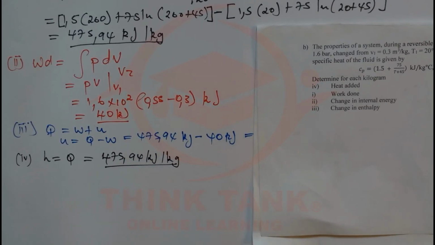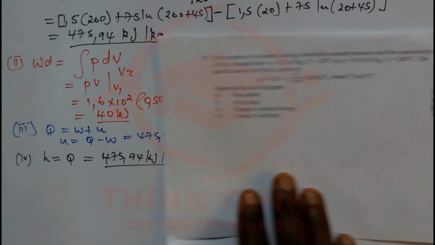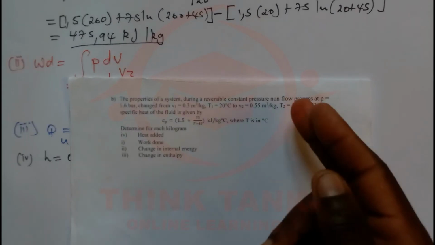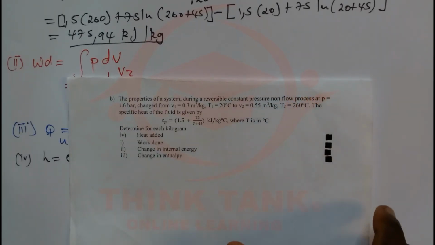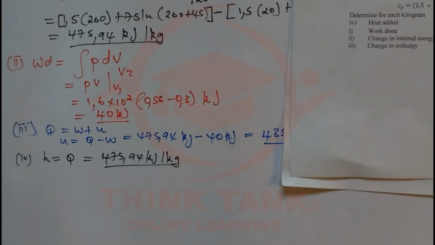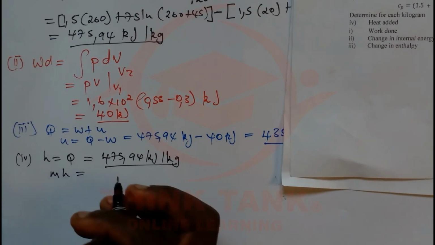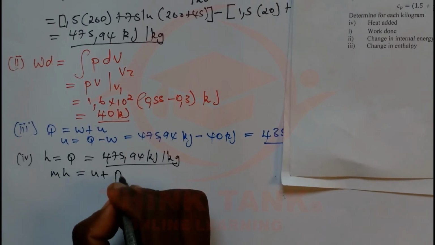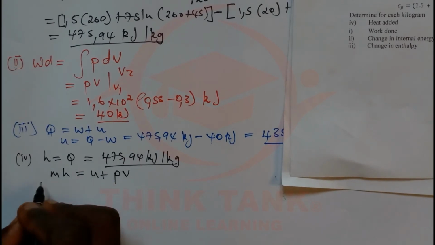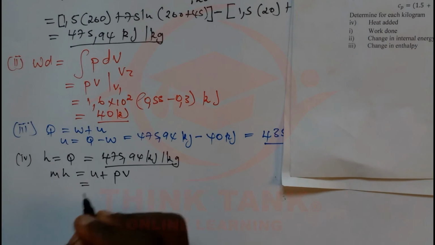But just in case you don't know if it is a non-flow process, as you can see, we are told that this one is a non-flow process, but let's say you don't want to use this method, you can just use the enthalpy method. So you know that H, per unit mass, is equal to U plus pressure times volume. Mass is per kg, we know that. So what is U?